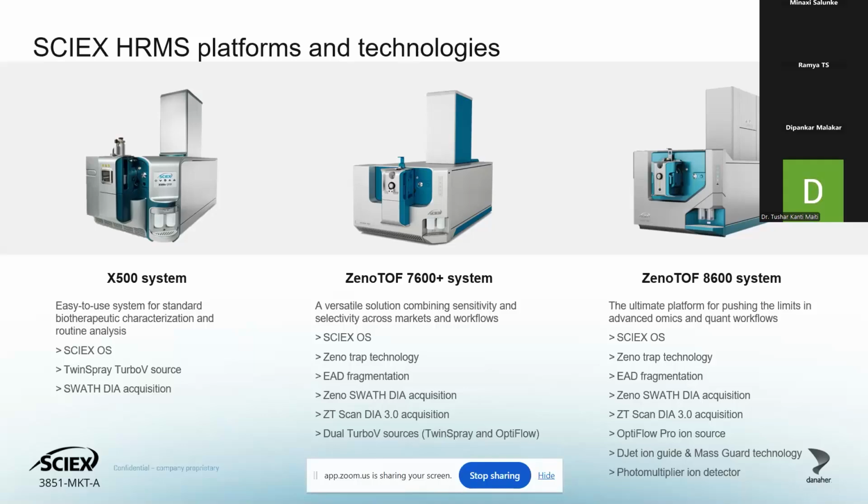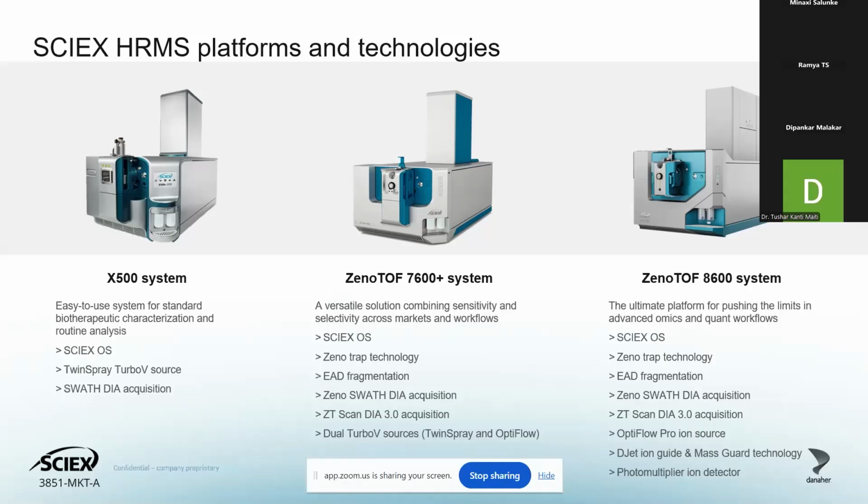Then we have the ZenoTOF 7600 and 7600 plus systems. The 7600 plus system has Zeno SWATH DIA acquisition, EAD fragmentation, Zeno trap technology, and ZT Scan DIA 3.0 acquisition. These are the additional options you get in the ZenoTOF 7600 system.